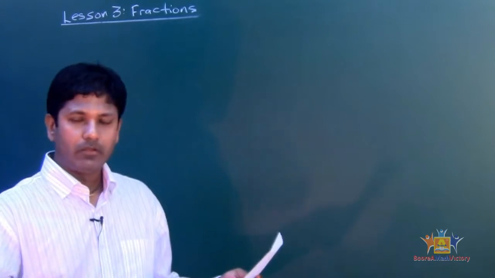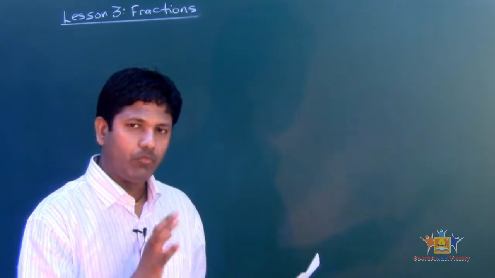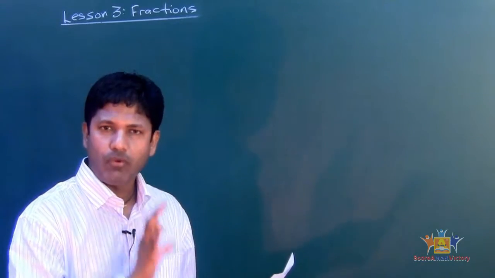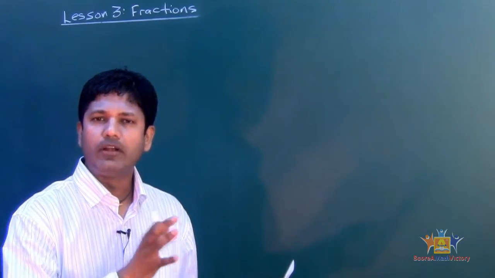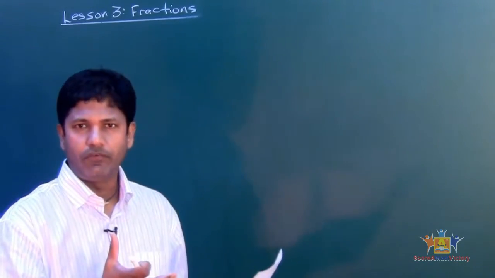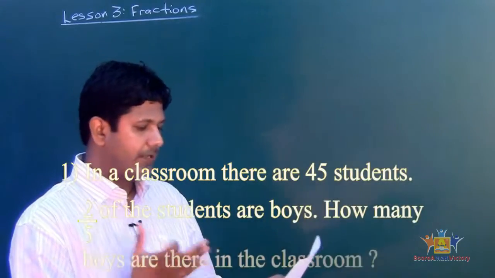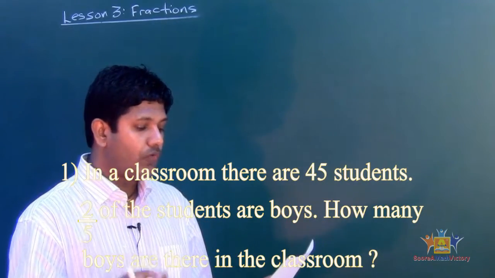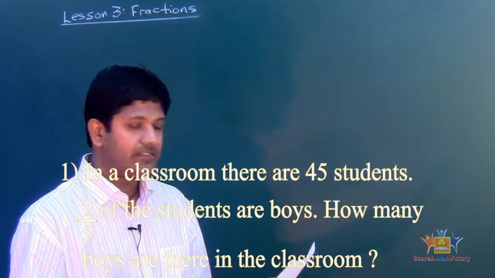Whenever you're dealing with word problems, the way to solve them is to read the question and try to understand what's been given and what they're looking for. Let's read it. In a classroom, there are 45 students. 2/5 of the students are boys.